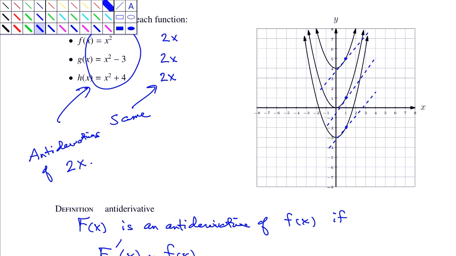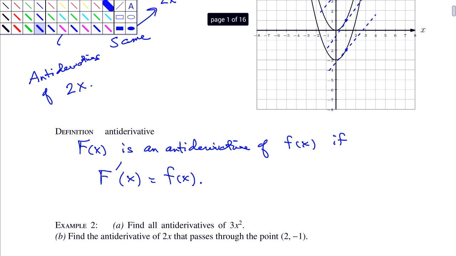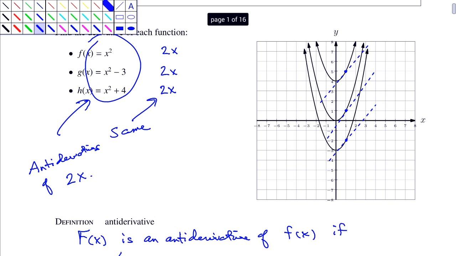So that makes things sort of challenging. When I ask you to take a derivative, there is only one right answer. When I ask you to find an antiderivative, there are in fact infinitely many answers. So we come up with a way of handling all of this. What we'll do instead is acknowledge that you could add any number to the end of the function to get any antiderivative.